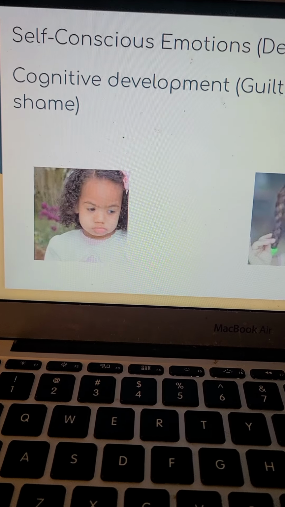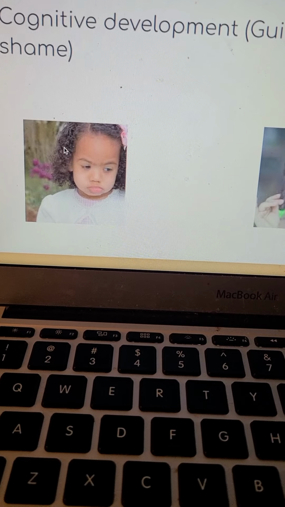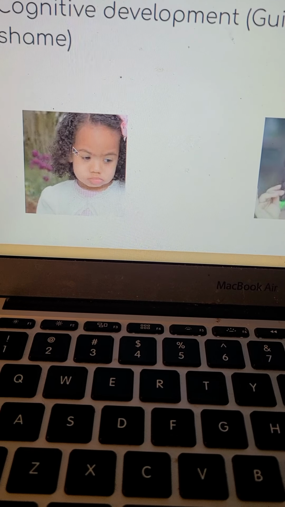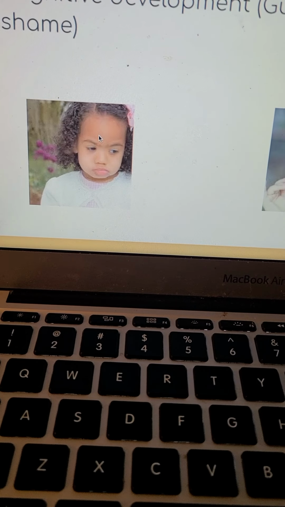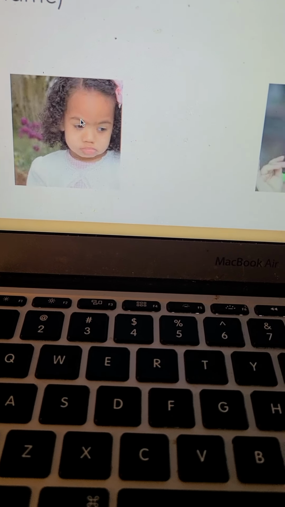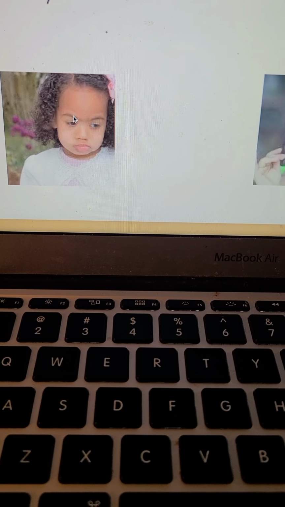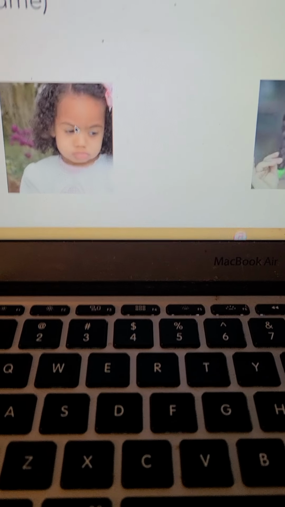But then we move on to the more self-conscious emotions, which are the ones that a toddler might show. For example, this girl looks ashamed of herself. Maybe she did something really bad, or she ate something that maybe she wasn't supposed to. But she's showing that emotion because she knows she did it. So that is actually part of the cognitive development, which is part of the definition.